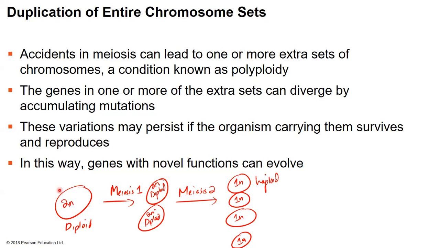In humans, if we start with a diploid cell containing 46 chromosomes, after meiosis we have haploid cells, each containing 23 chromosomes.